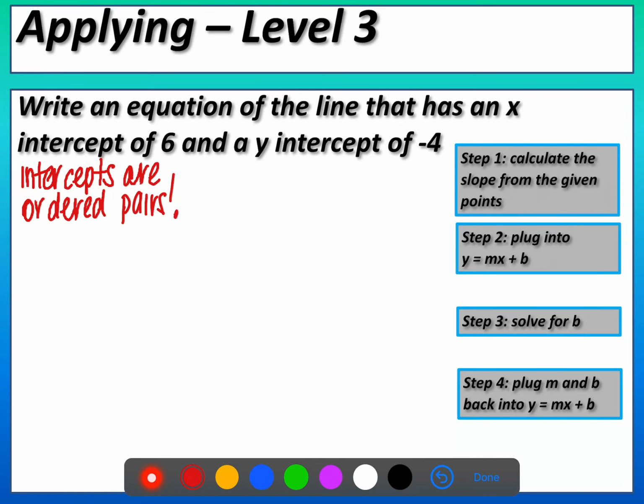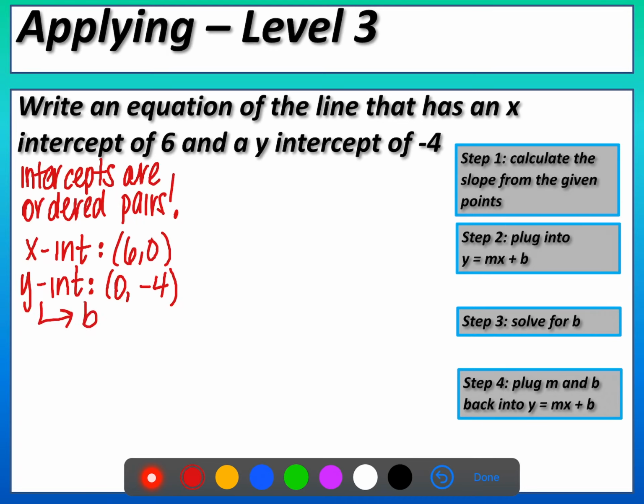Okay, so that means that an x-intercept of 6 is really (6, 0), and a y-intercept of -4 is (0, -4).